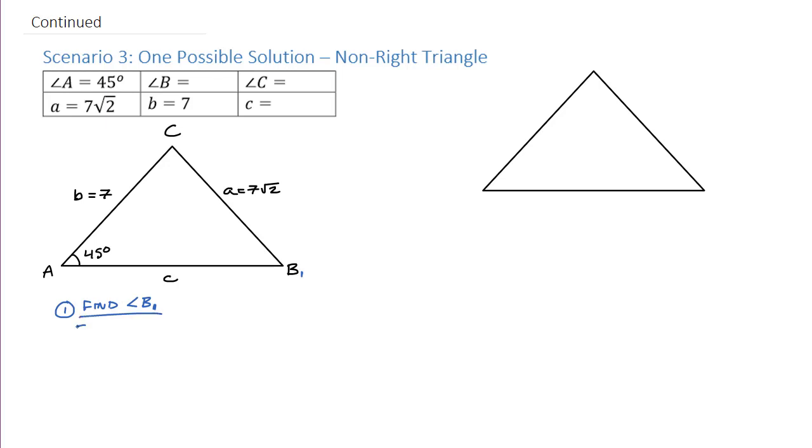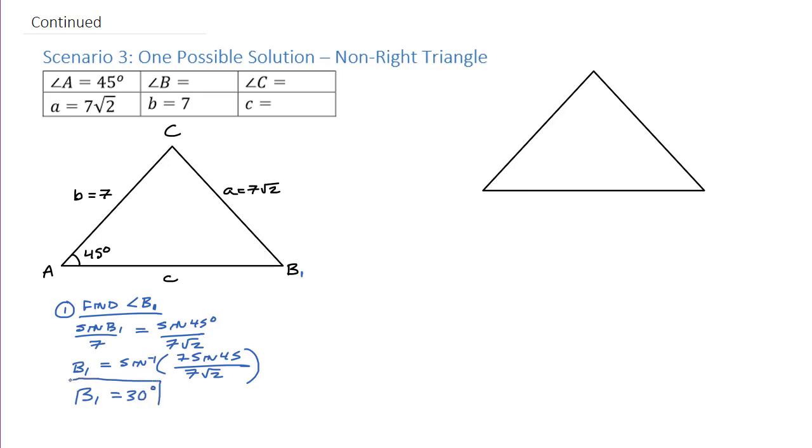Sine of B1 divided by 7 equals sine of A, which is 45 degrees, divided by 7 root 2. So obviously, you multiply both sides by 7 and take the sine inverse. Sine inverse of 7 times sine of 45 divided by 7 root 2. If you do that, you end up getting 30 degrees.